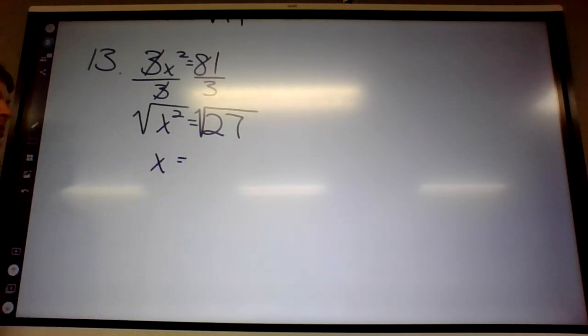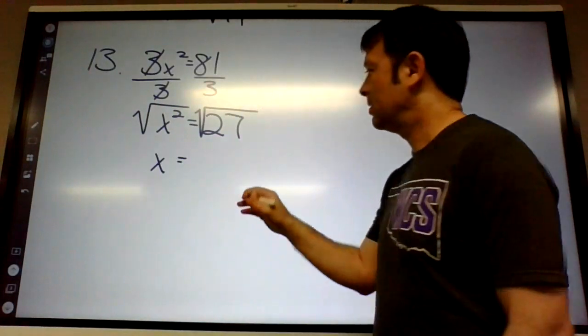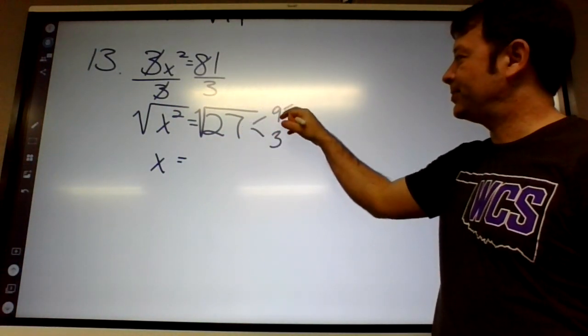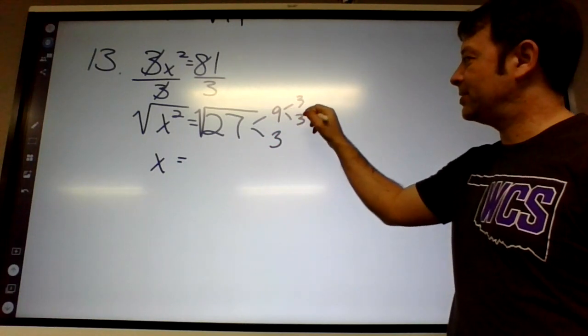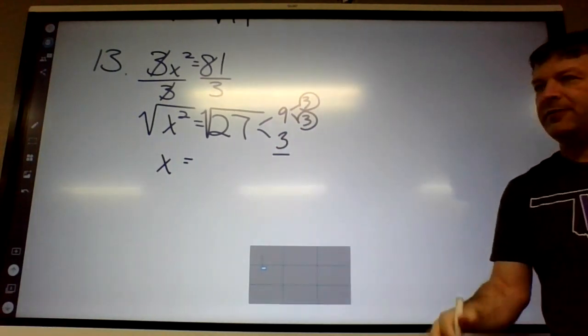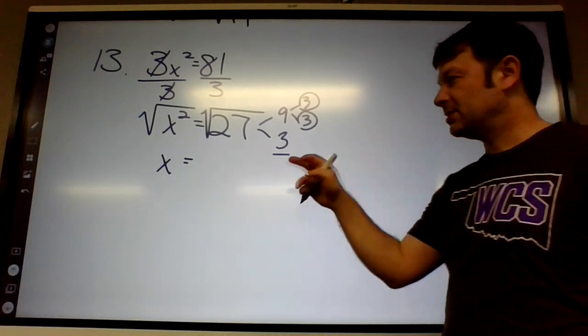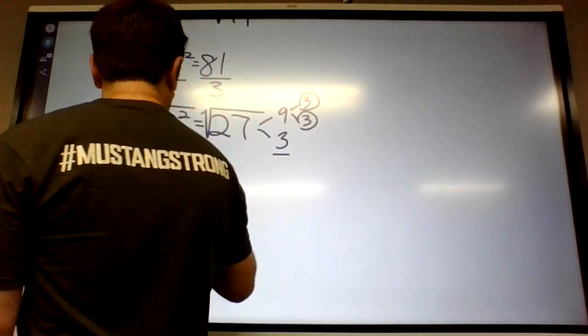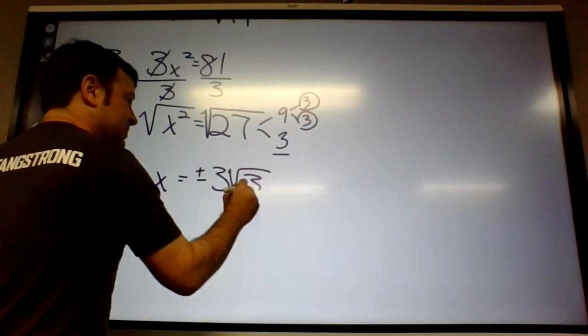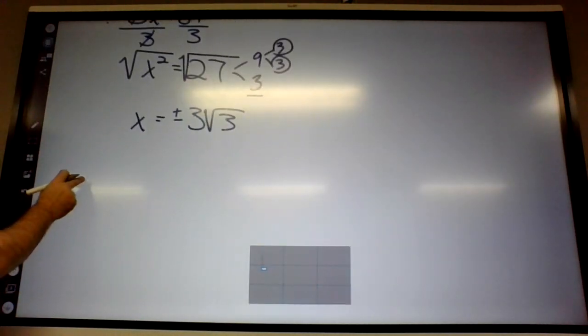Okay, does the square root of 27 simplify? You guys remember this one from last chapter? Yeah, 27 has some 3's in it, so there's a double. So it's 3 square root of 3. So don't forget your plus or minus. I'll have to take half off if you forget it.